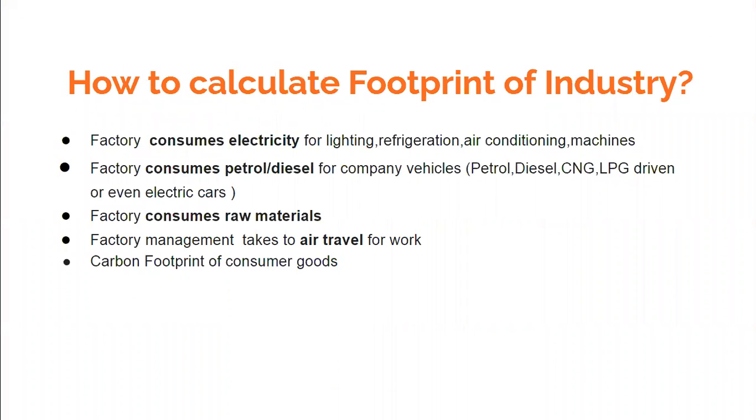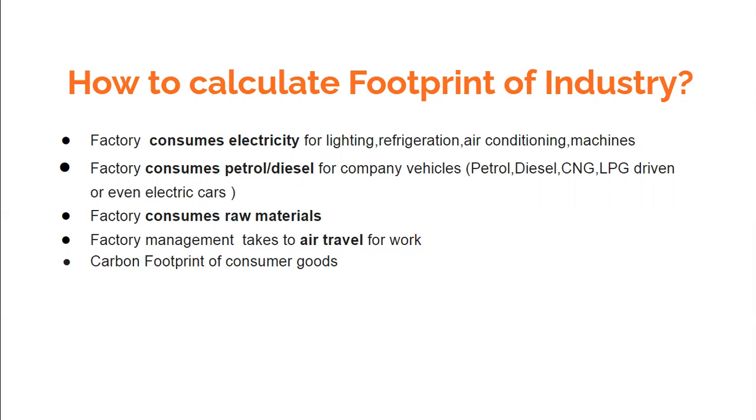So what contributes to the carbon footprint for an industry? We need to again look at the energy consumption of an industry, just as we had looked into the energy consumption of a family or a household. Similarly, we know that any industry would consume electricity. Electricity would be consumed in a big way.